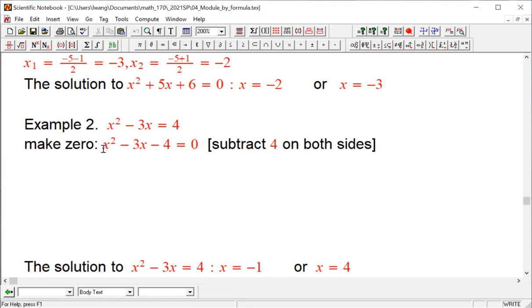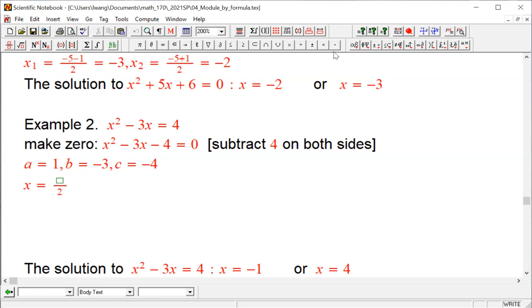Okay, and after we do that, we end up with a equals 1, b equals -3, c equals -4. Okay, and then we plug in the formula.